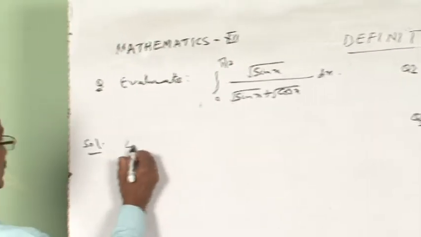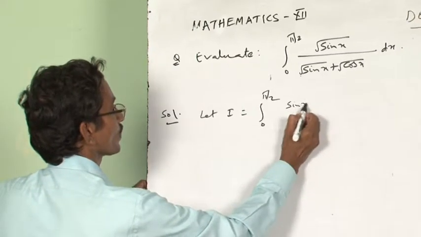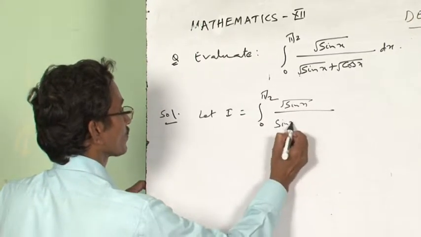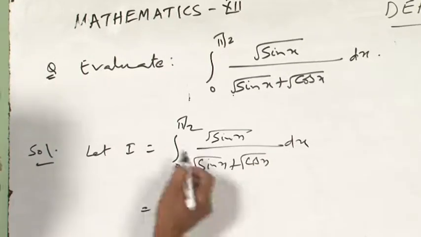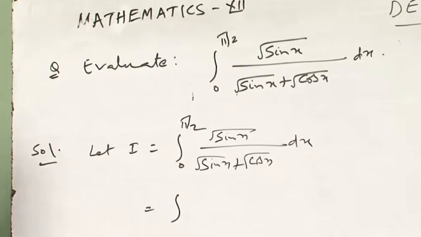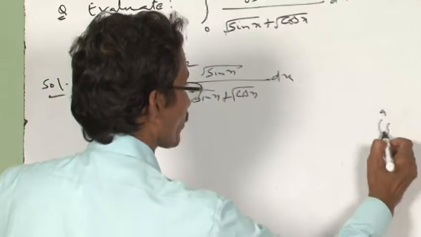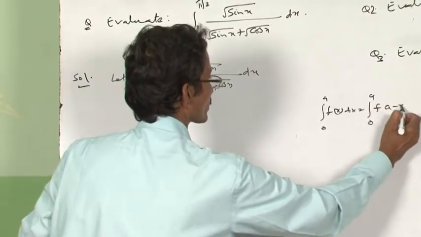Solution. Let I is equal to the integral from 0 to pi by 2 of square root of sin x by square root of sin x plus square root of cos x dx. Can you say which property we use here? Yes, use the property that the integral from 0 to a of f(x) dx is equal to the integral from 0 to a of f(a minus x) dx.